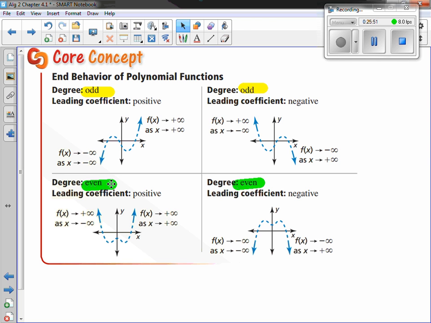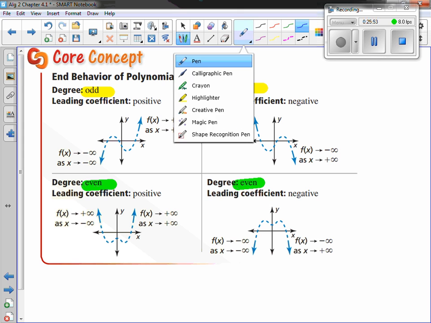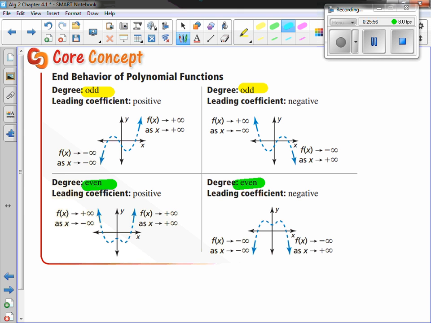Now, if the degree is odd and positive, this is going to happen. As x approaches negative infinity, f of x approaches negative infinity.